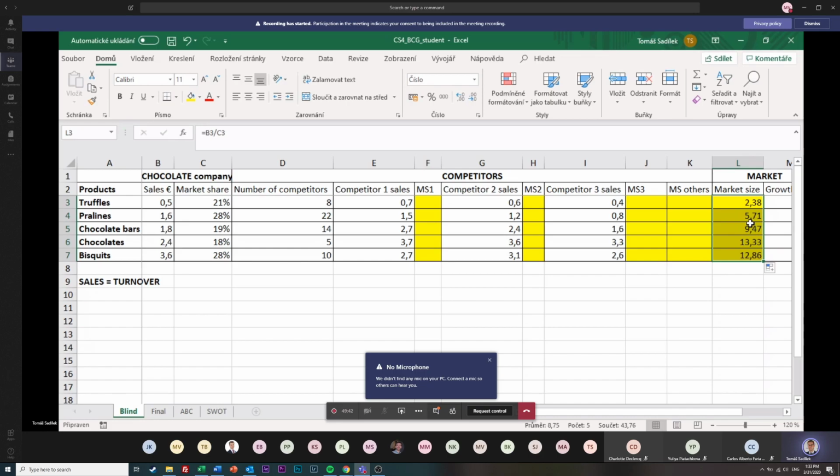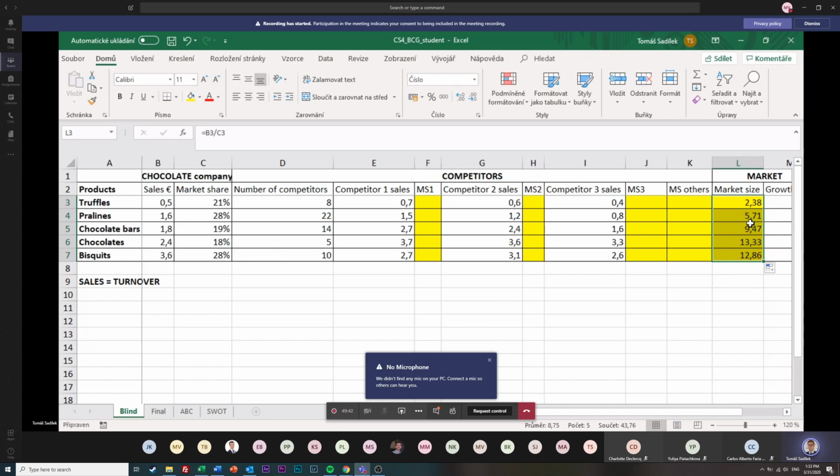So that's the first step. Who from you has some questions? Just write me in the comments, and I can repeat it once more. The first thing is how to calculate the 100% market size. It's the sales in our company divided by the market share.